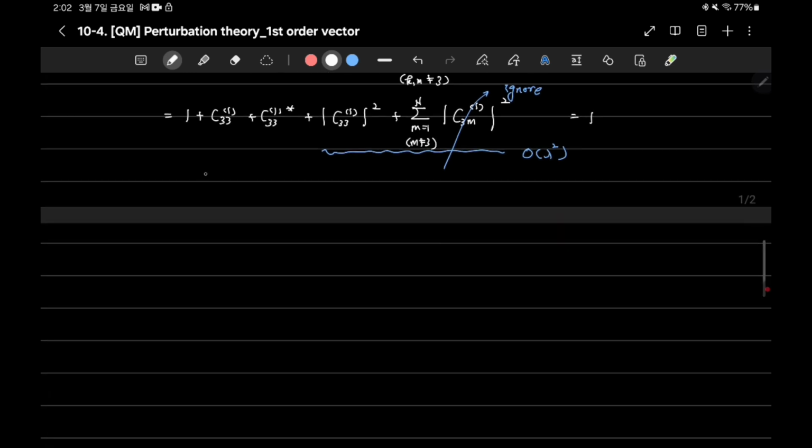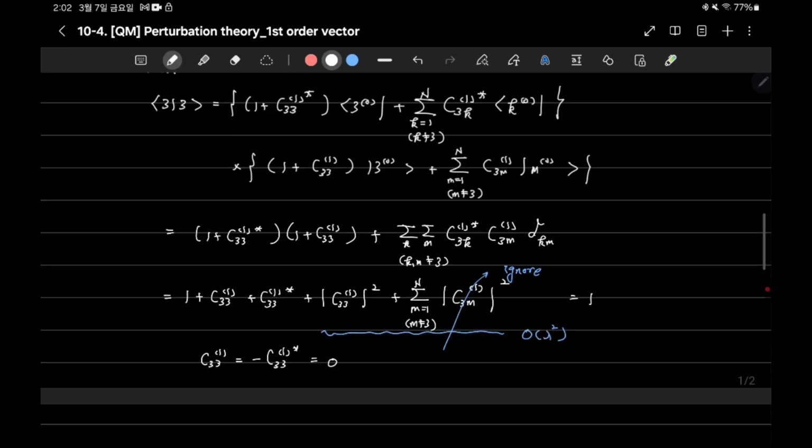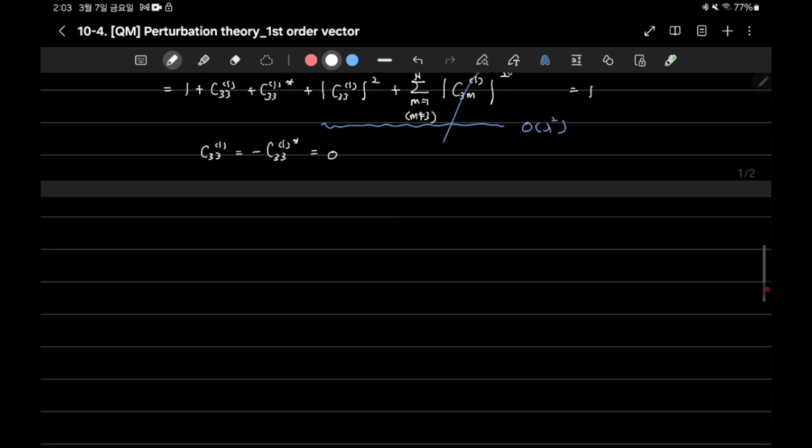It means that C331 plus C331 star equals 0, so C331 equals minus C331 star. Then it means that C331 is real, not imaginary.